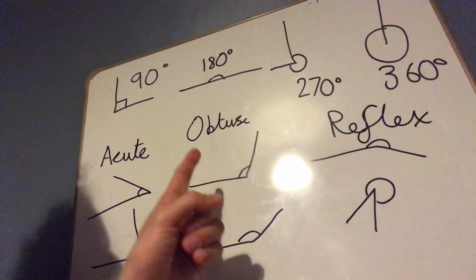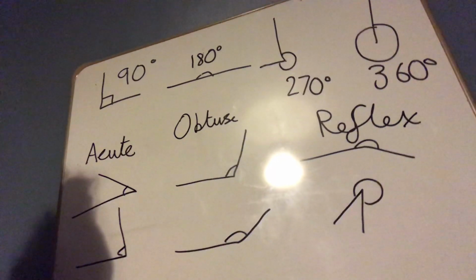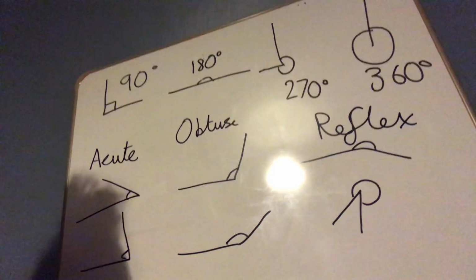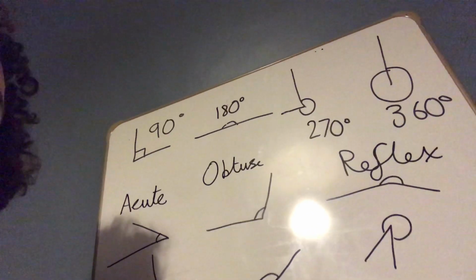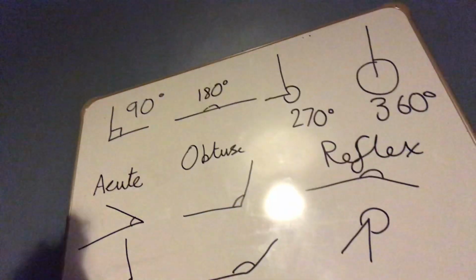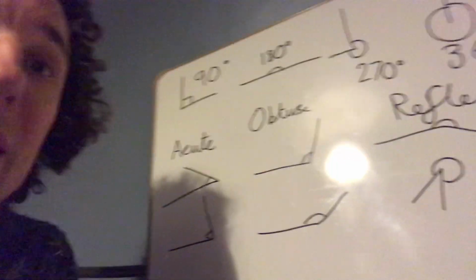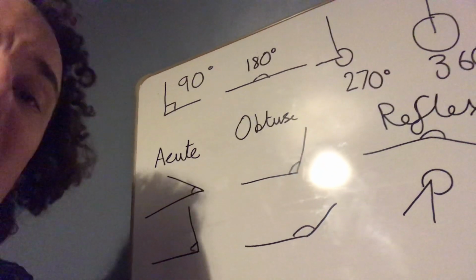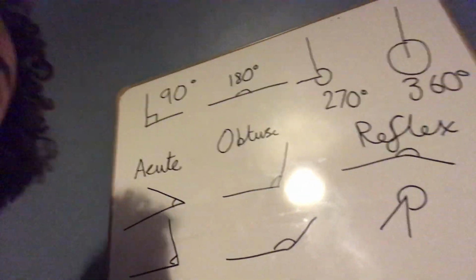Anything bigger than an obtuse angle, anything after a straight line, so from 181 degrees to 359 degrees, is a reflex angle. I haven't actually got a good way of learning that. I've got the song from the 80s, The Reflex. But it's just anything bigger than an obese angle is a reflex. And that is the main information you need to do today.